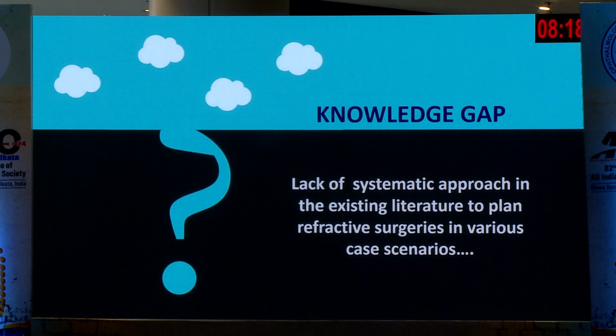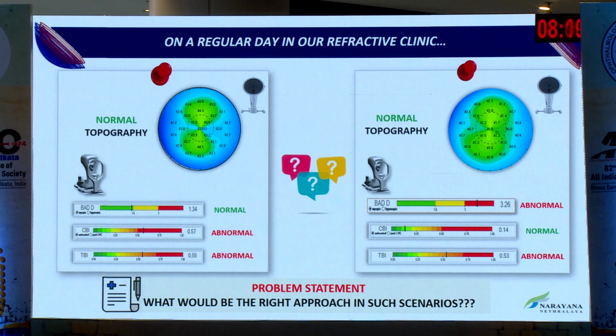The biggest knowledge gap is to plan refractive surgery other than looking at the topographies, because there are times when topographies may look completely normal, but your topography indices look abnormal. So here it's normal, everything is normal, but here it's abnormal. But you see here, even though the topography looks normal, your biomechanical parameters, which are measured by the CBI and TBI, are completely abnormal.